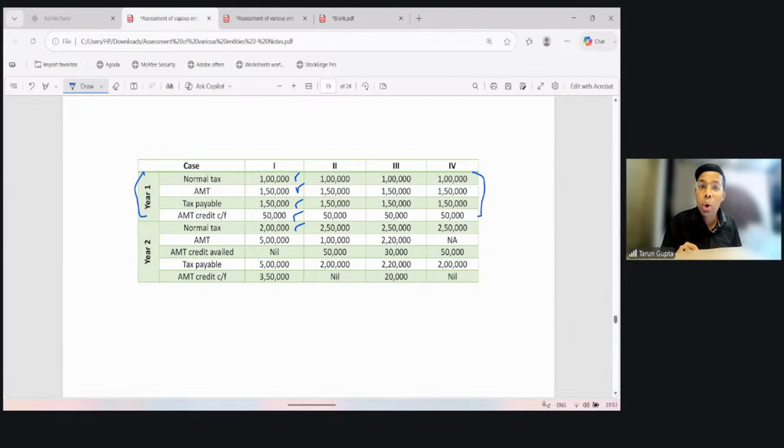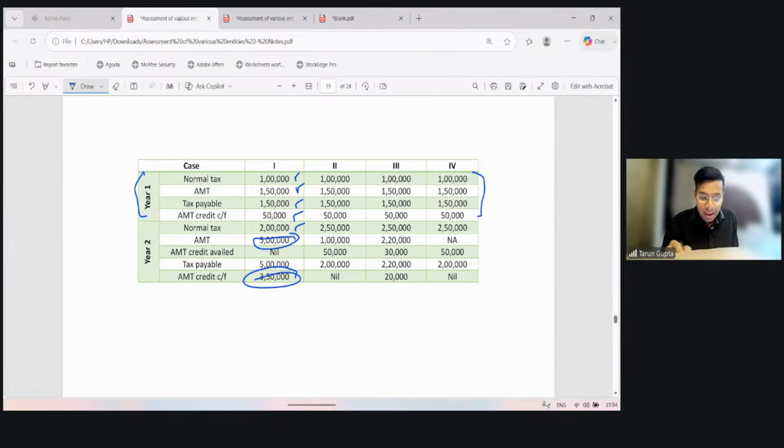Since in year 2 also you are liable to pay AMT, you cannot utilize the AMT credit. The borderline is, in any year you cannot pay less than the AMT. So in the second year also you will pay the AMT of 5 lakh and there is a 3 lakh AMT credit in this year. 50,000 are brought forward, so total AMT credit carried forward is 3,60,000.